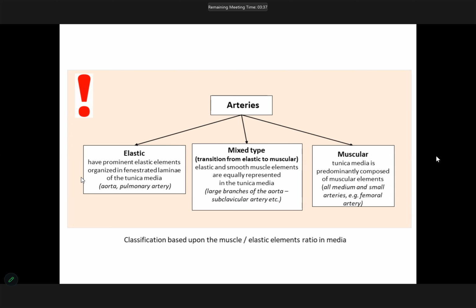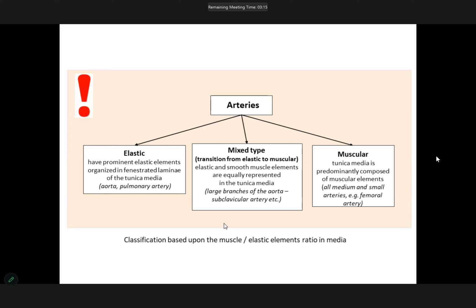So these are not the fibers itself, but the membranes, which are cylindrical and are located one inside another one. Smooth muscle cells are also present in elastic arteries, but elastic elements prevail.